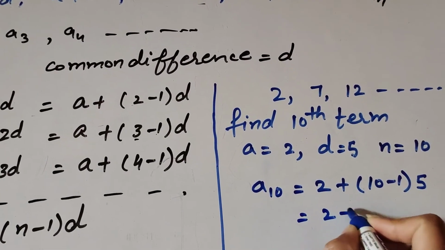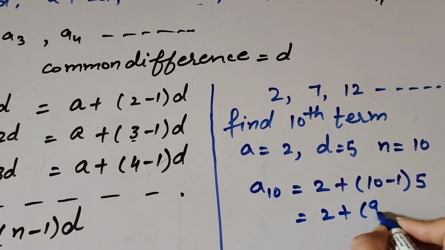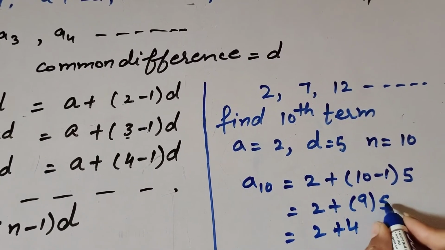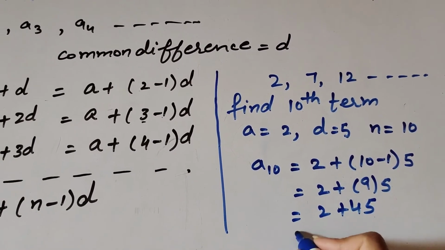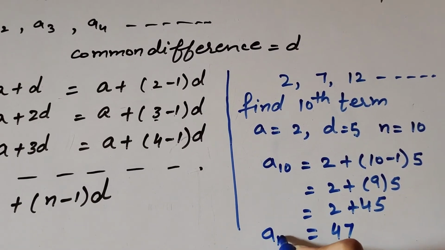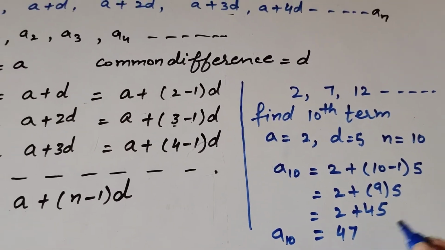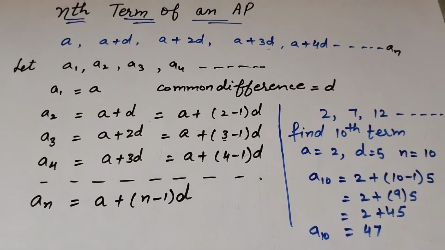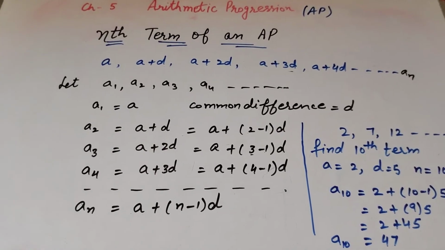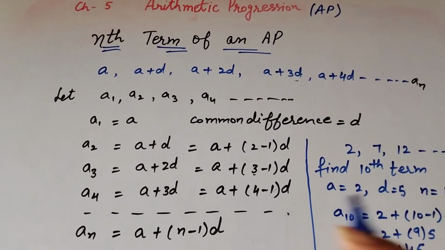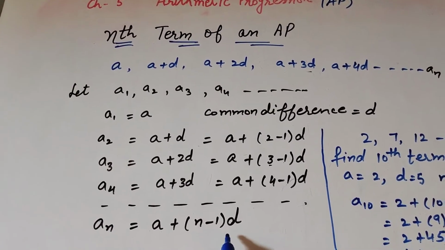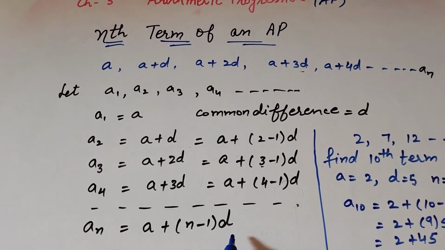So it is equal to 2 plus 9 multiplied by 5, that is 45. So 2 plus 45 is equal to 47. So the 10th term of this series is equal to 47. So by using this generalization an is equal to a plus n minus 1 d, we can easily find any term.